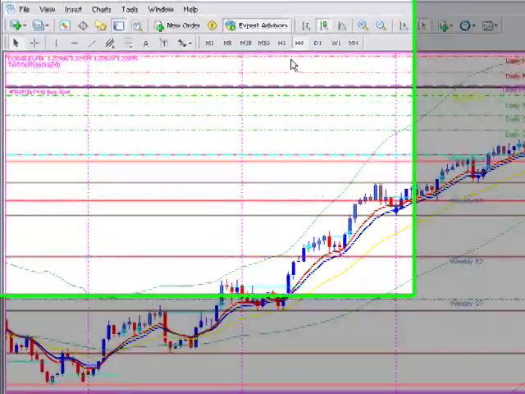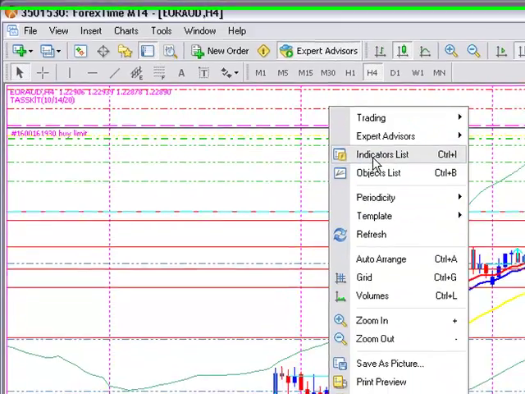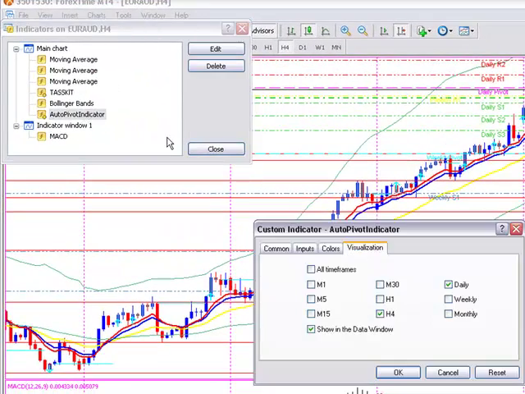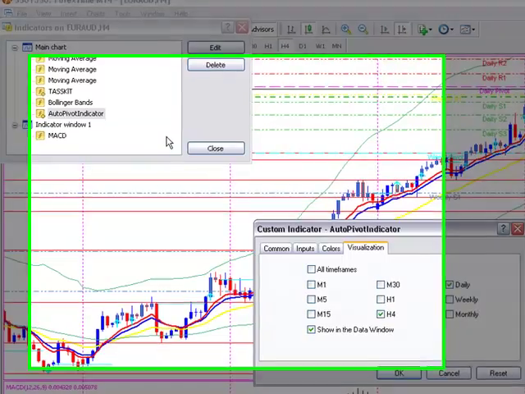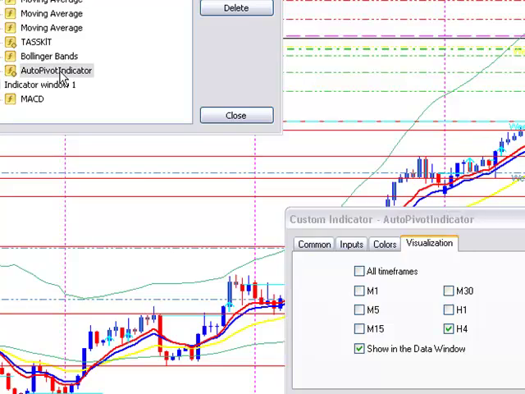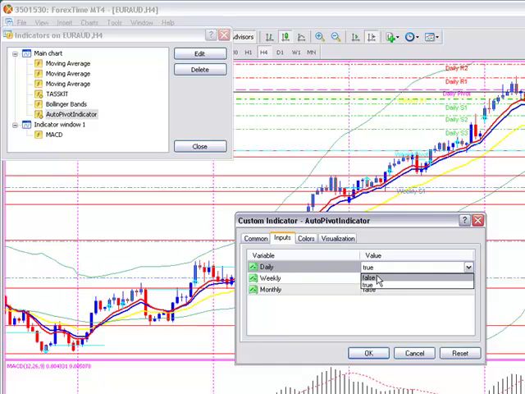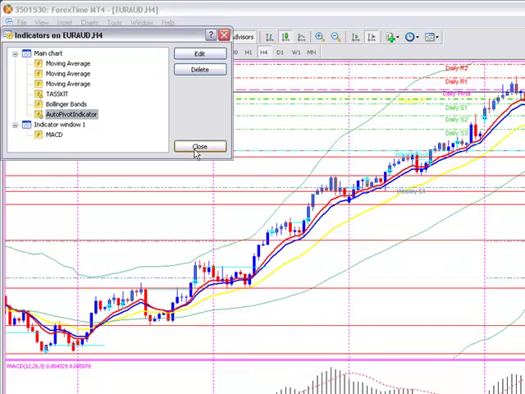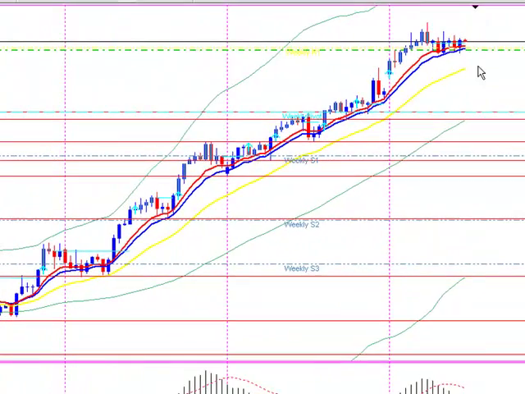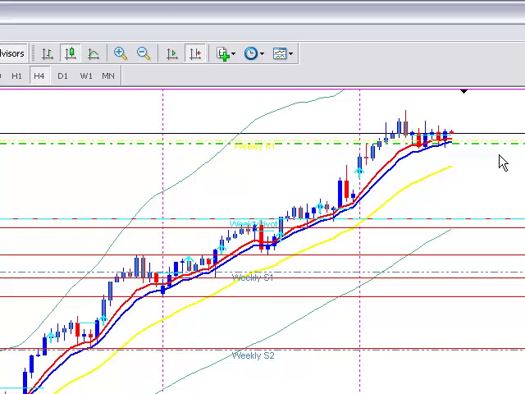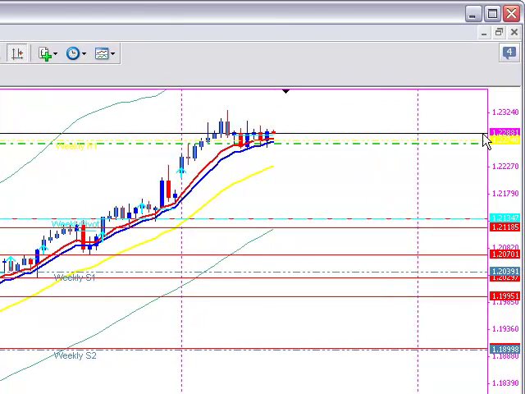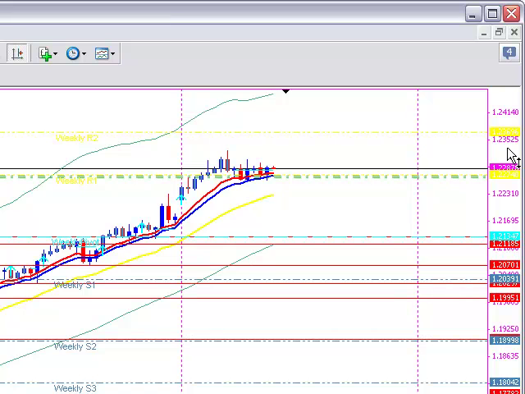Oh, there was a little mistake. So our target should actually be around the weekly resistance, around 236.87.